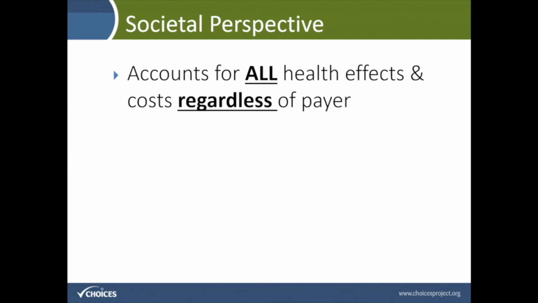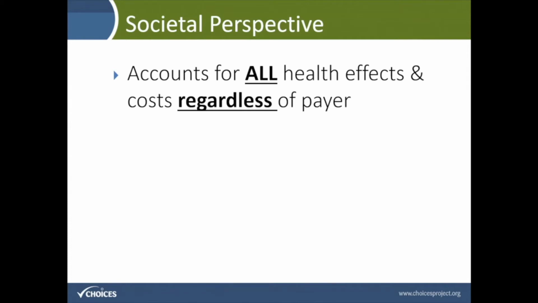When a cost-effectiveness analysis is done from the societal perspective, the analyst considers everyone affected by the strategy and counts all significant health outcomes and costs that flow from it, regardless of who experiences the outcomes or the costs.